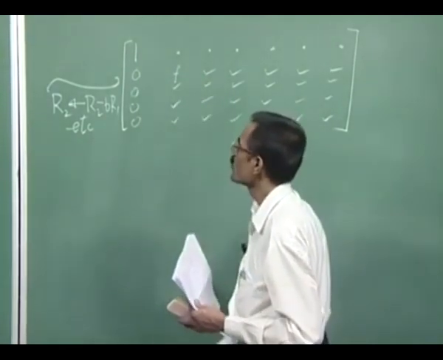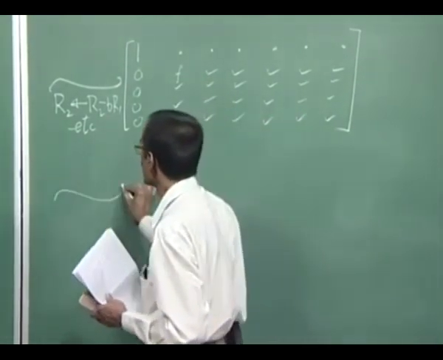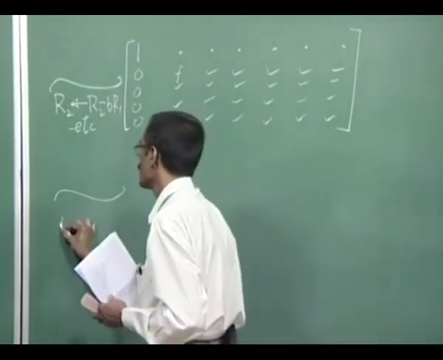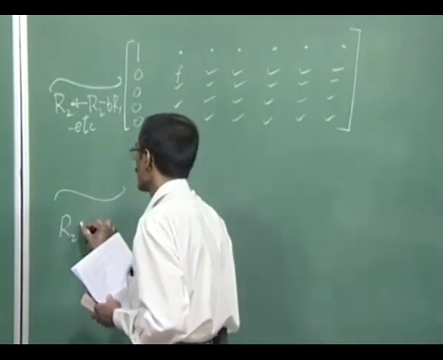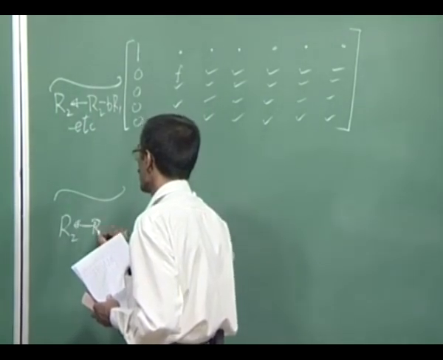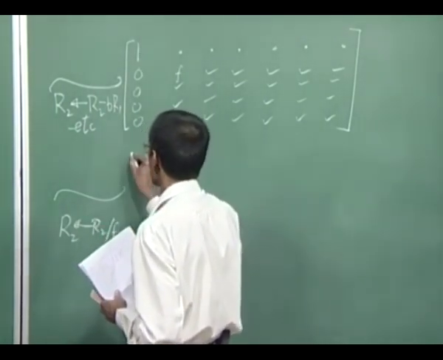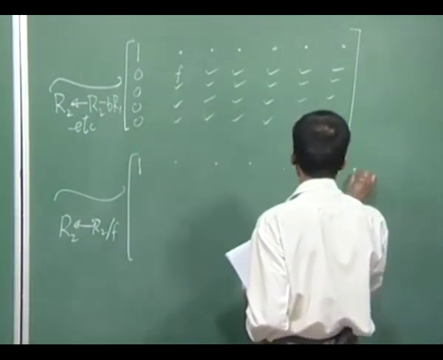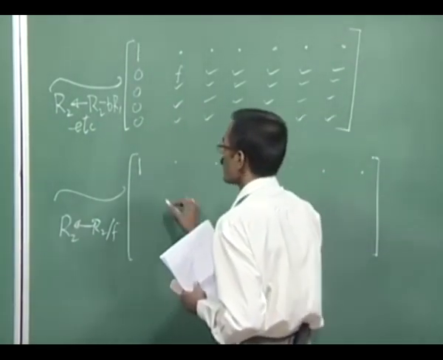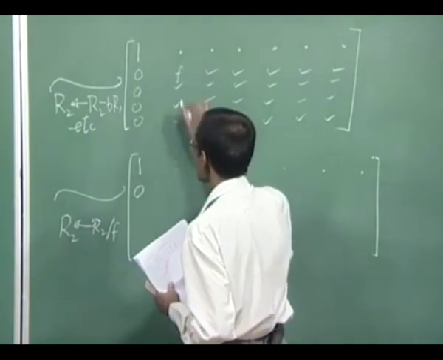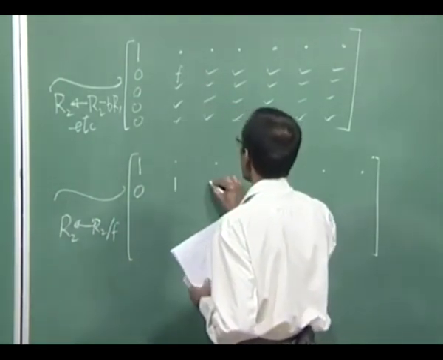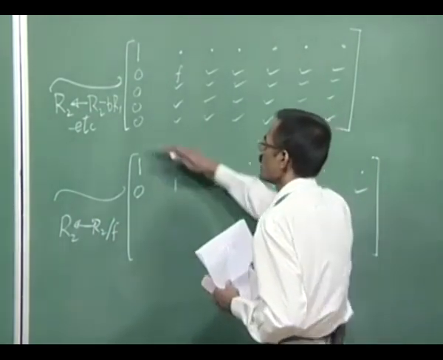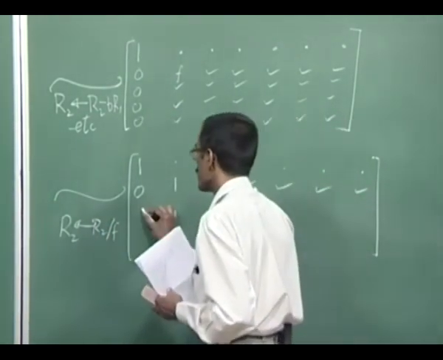So, the next elementary row transformation will be to divide the second row by F. As a result, the first row will remain unchanged, the second row will change, 1 will come here, and then other entries will come here, and the lower rows will remain unchanged.